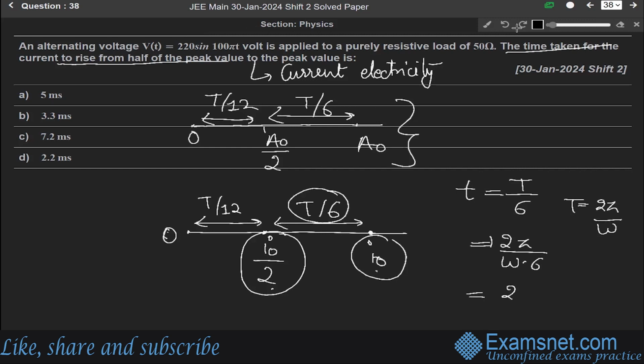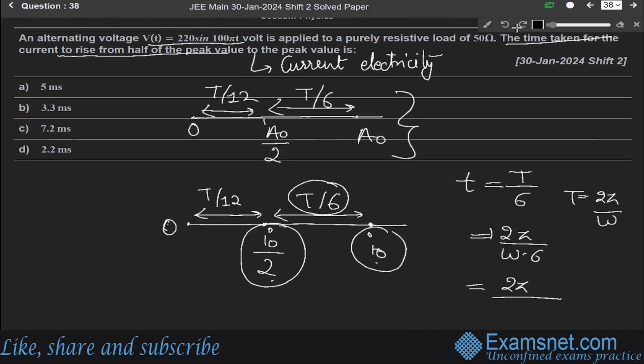It is equal to 2 pi, and omega is what? The equation is given as V(t) equals 220 sine 100 pi t. Comparing it with the standard equation, V(t) equals V naught sine omega t, here omega is 100 pi.